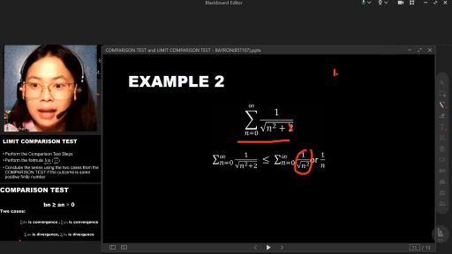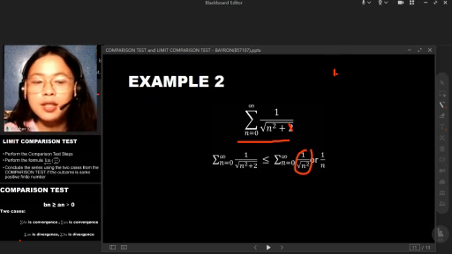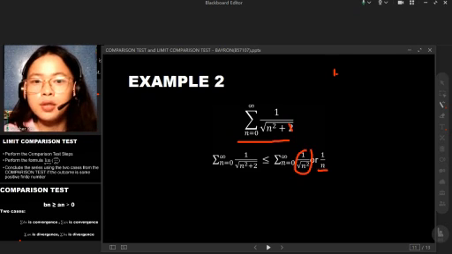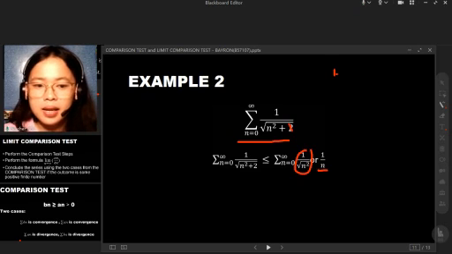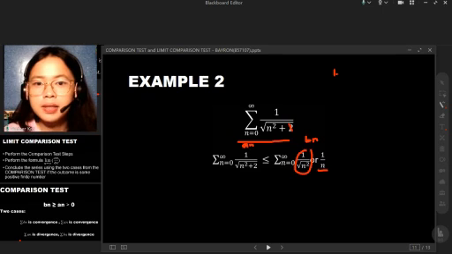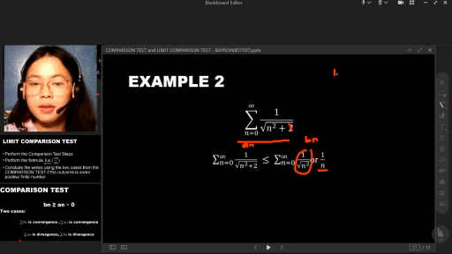Take note that the square root of n squared is n, so we can come up with 1 over n. If we determine the big sequence and the small sequence of this, this is the big sequence and this is the small sequence. Now we're going to determine the comparison series, whether it is divergence or convergence.